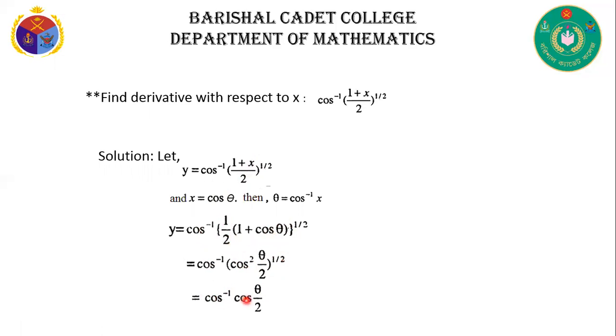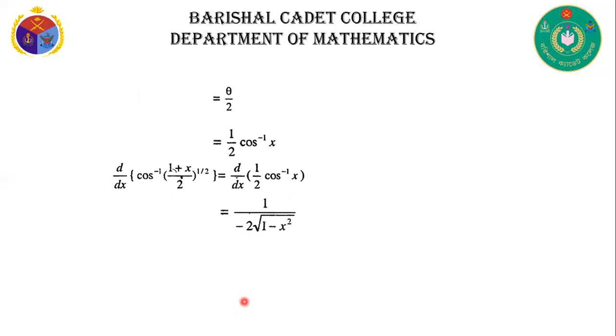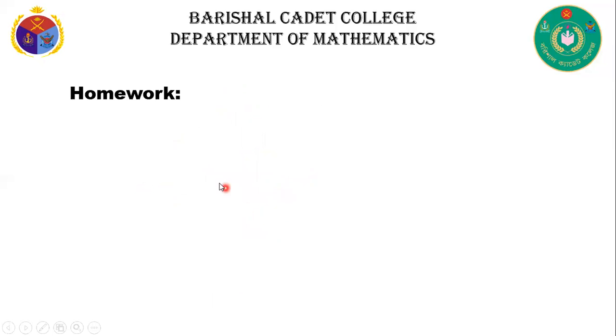Here cos inverse cancels, so theta by 2 is the remaining part. And we know theta is equal to cos inverse x. Putting this value here, that means half cos inverse x. Now we differentiate this term, d by dx of half cos inverse x. We know the derivative of cos inverse x is minus 1 by root 1 minus x square. Applying this formula here, this is our required answer.